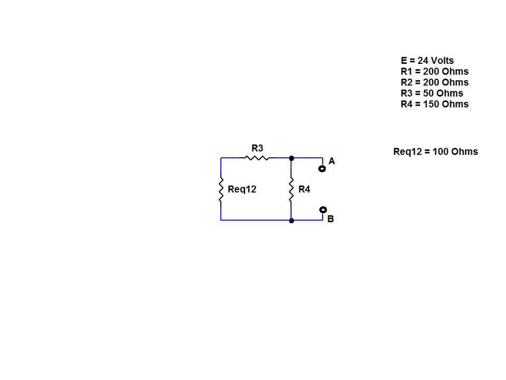Next, we sum the series resistances R3 and REQ12. To complete the calculation of RN, combine the parallel resistances R4 and REQ123.